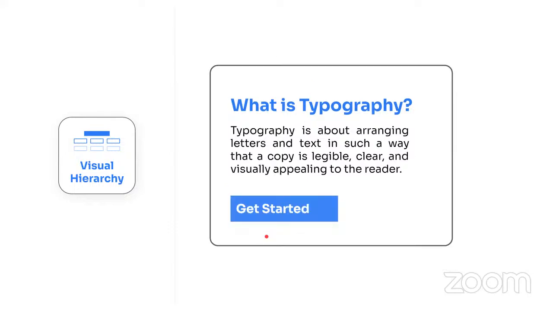So where did your eyes go first in this particular design? Get started, okay? Because that's the most highlighted element. So there is a flow to this. It depends on people, who have different ways of seeing things. So you can see this get started first, then read this, and then read this.